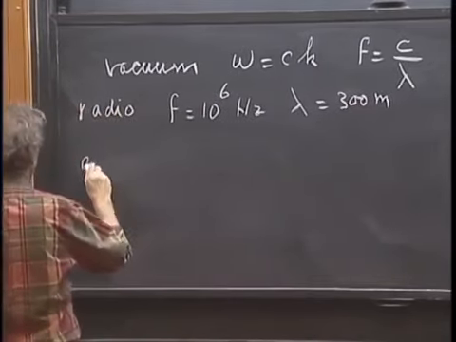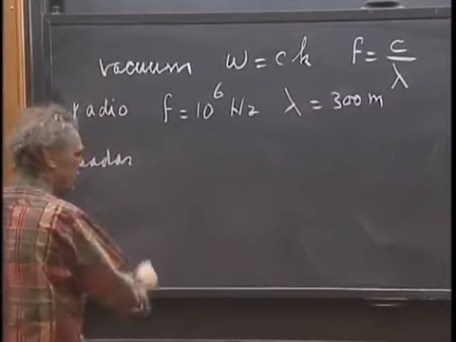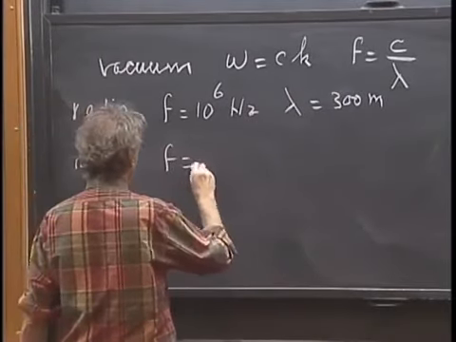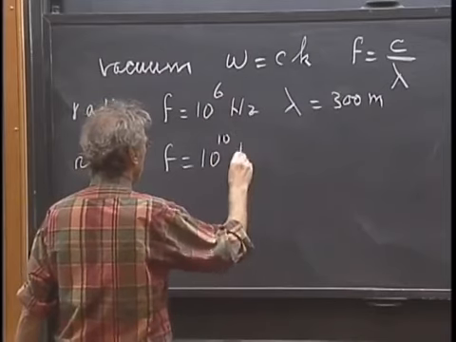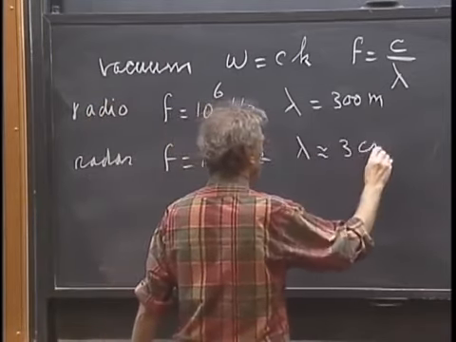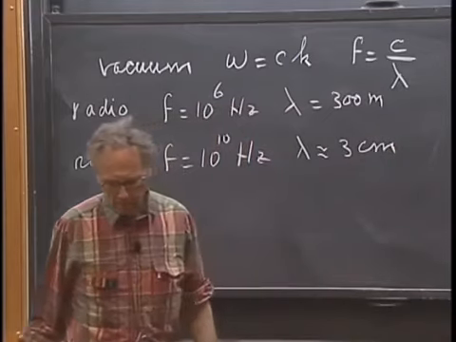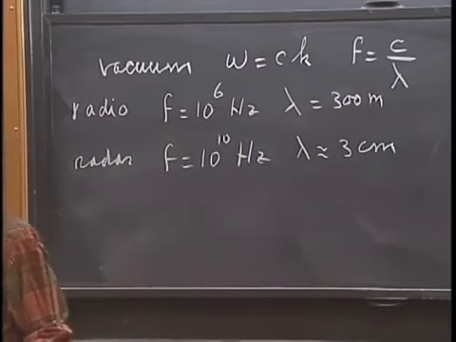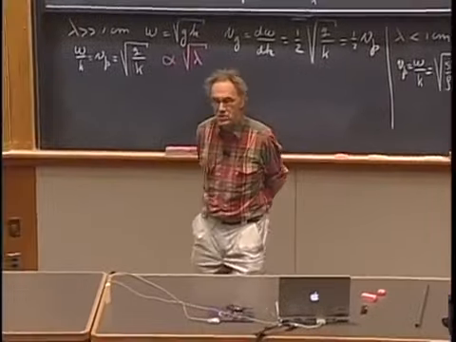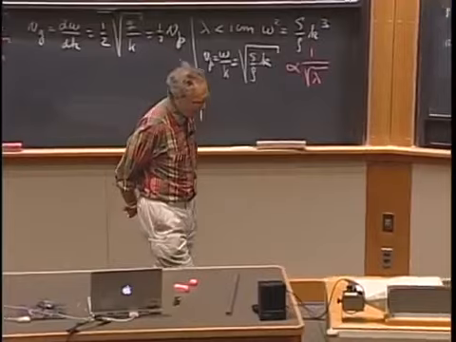If we go to radar, which we have right here in front of us, the frequency is about 10 gigahertz, 10 to the 10 hertz, and so you have a wavelength of about 3 centimeters. If you go to infrared radiation, you have a wavelength of tens of microns, and if you go to visible light, you get frequencies up to 5 times 10 to the 14 hertz, and wavelengths of about half a micron.